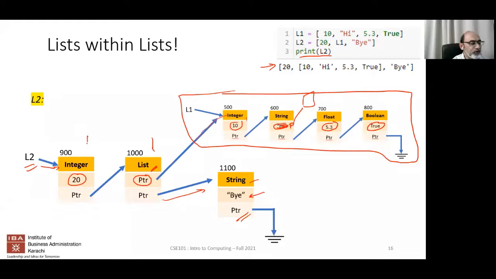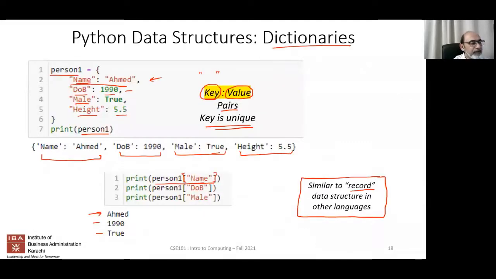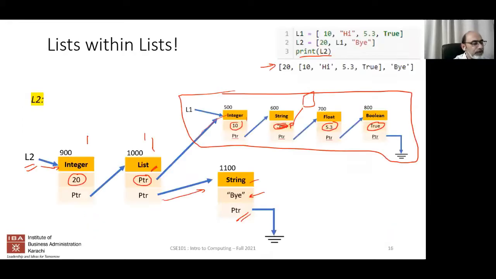These are the nodes, and these nodes are linked. What resemblance do you see between a Python dictionary and a linked list? How do you relate this person to a linked list like this? Can somebody try to explain that?